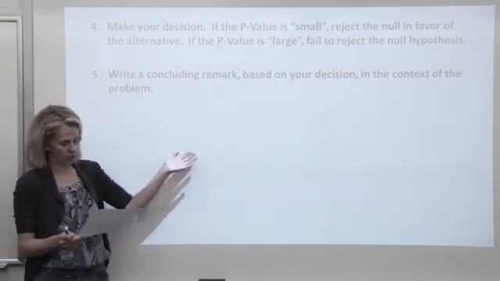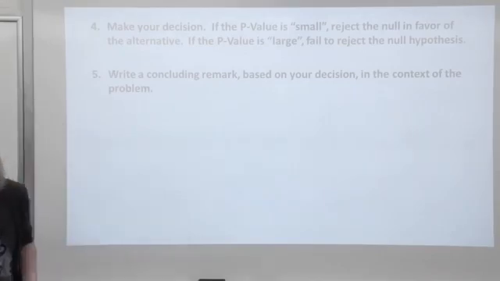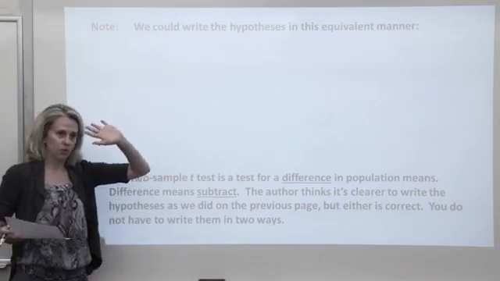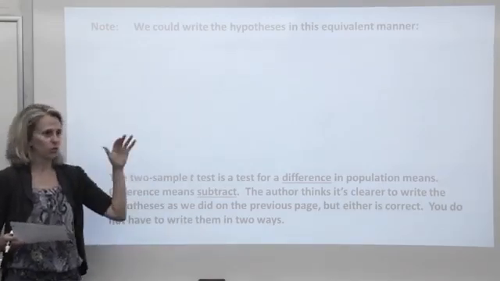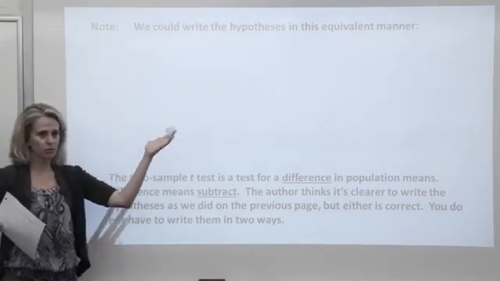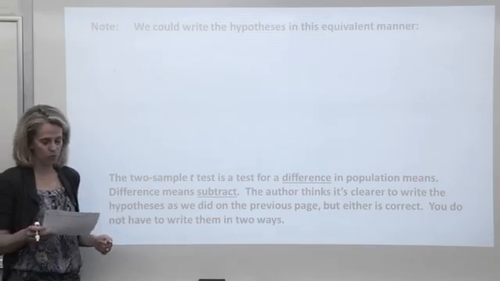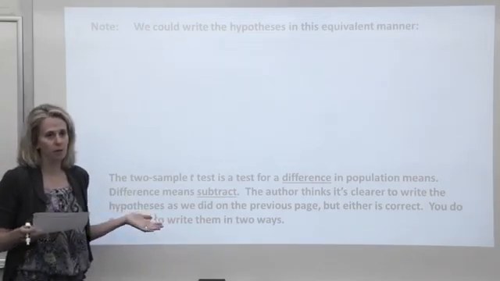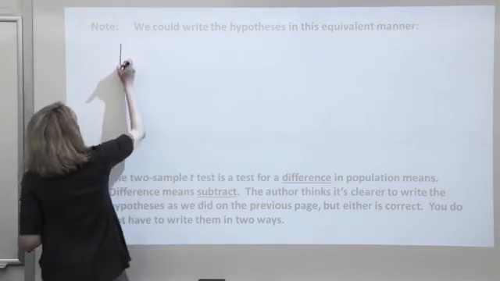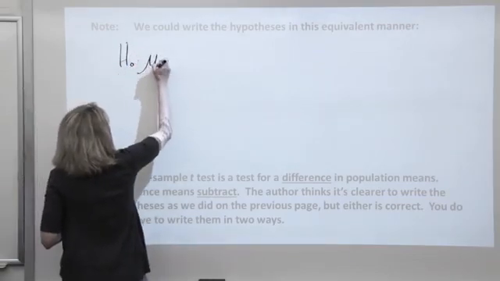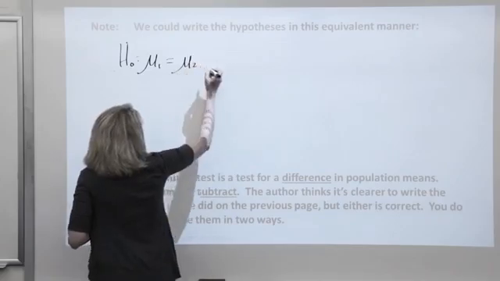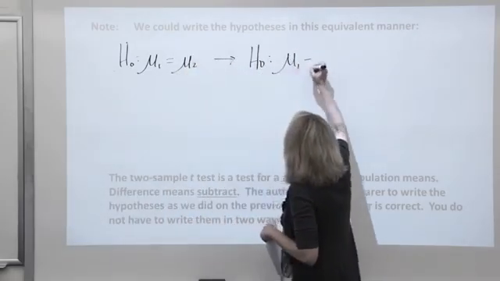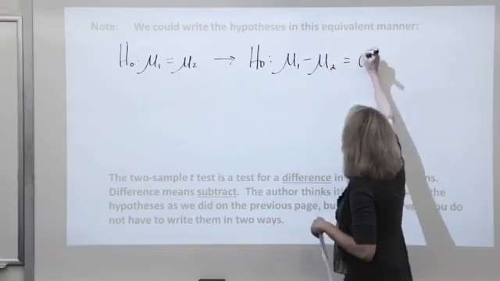Okay, one little note with regard to the hypotheses. We said that the null hypothesis was that mu1 equals mu2 versus that mu1 is greater than, less than, or not equal to mu2. We'll typically write the hypotheses that way, but sometimes you might see the null hypothesis written as a difference of those two means.